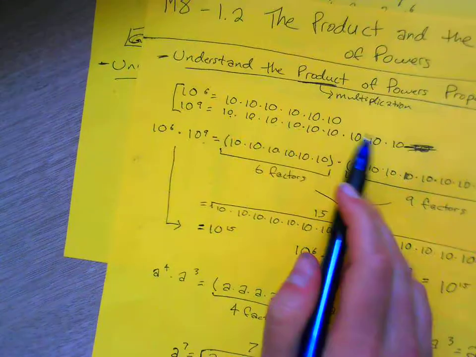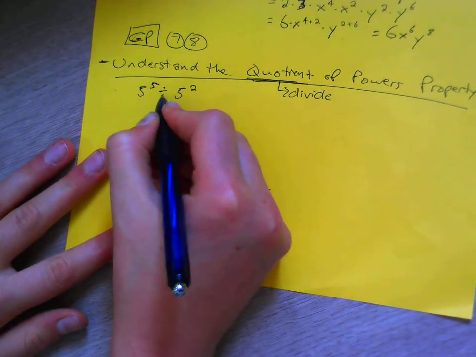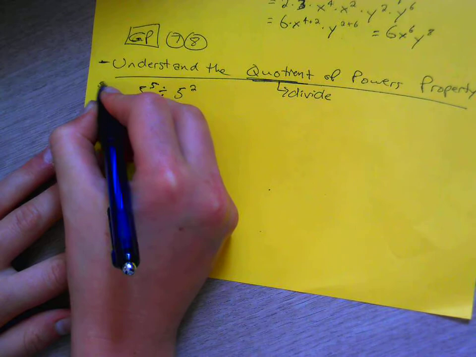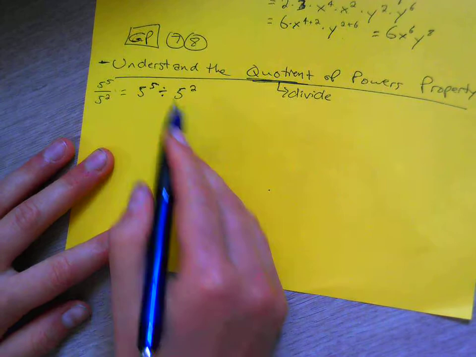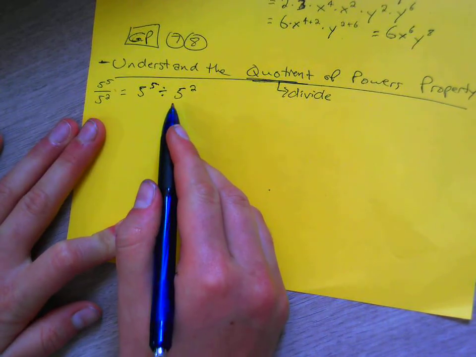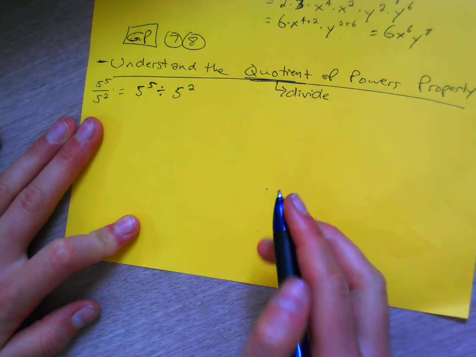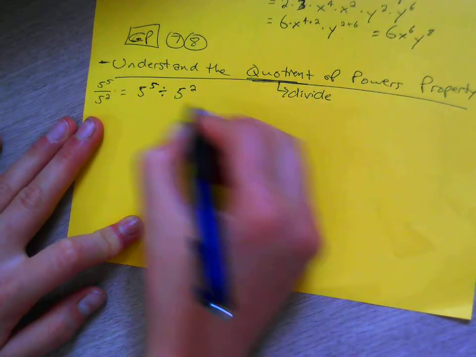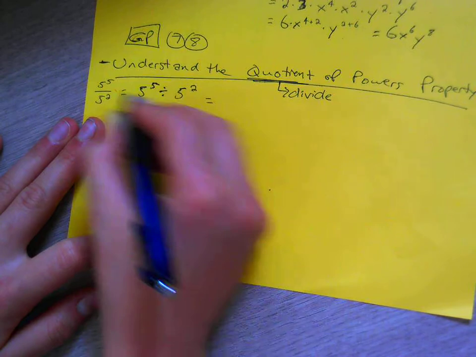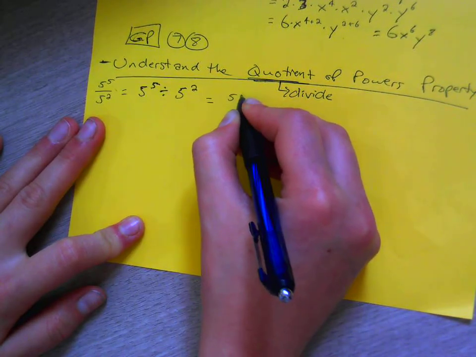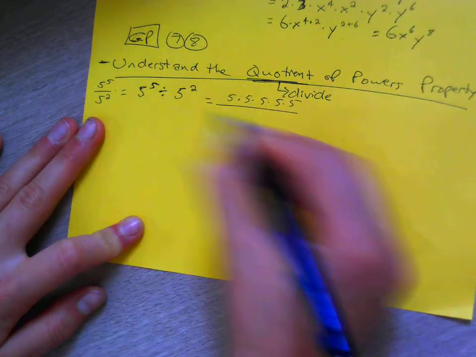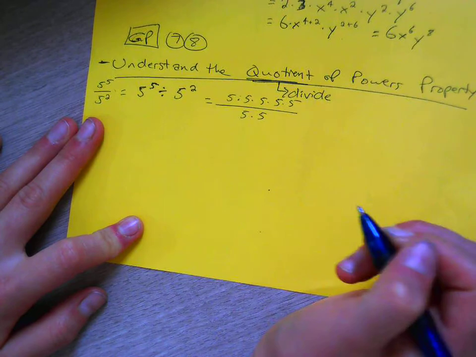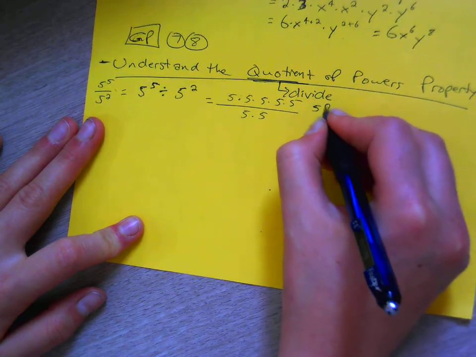Here, as you can see, when we did products, it was multiplication. Here we are dividing, therefore you can write it like this. In the same way, it can be written as a fraction. Either way you write it, these are the same thing. So we are going to be dividing. Let's go ahead and write this out as 5 with 5 factors on the top, 1, 2, 3, 4, 5, and 2 factors on the bottom, 5, 5.